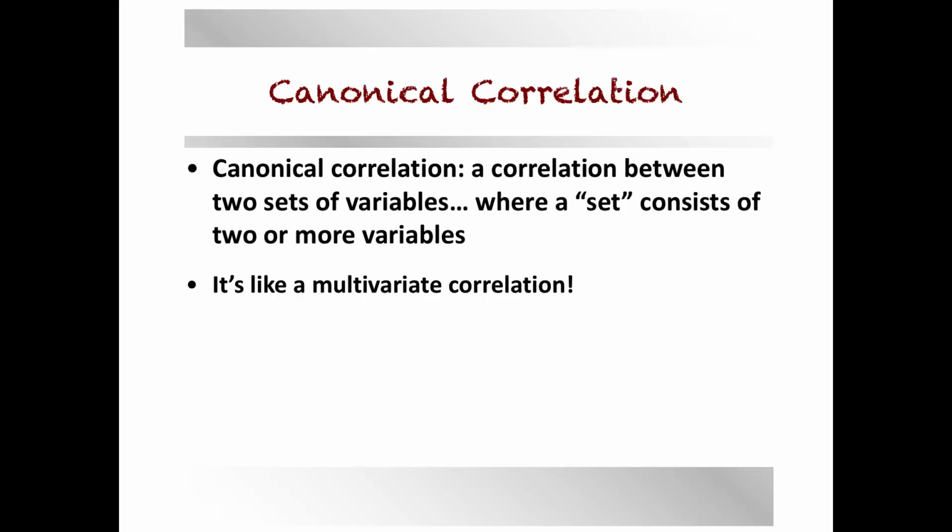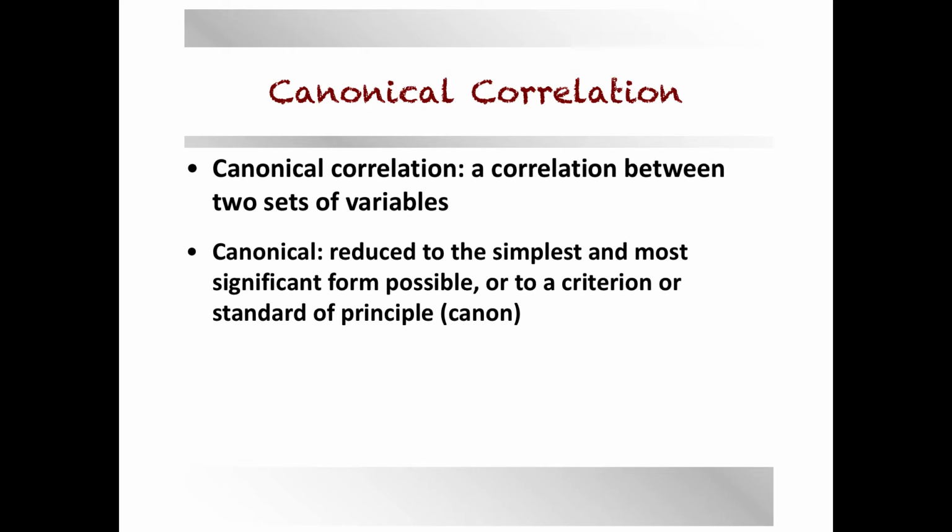Maybe not. Anyway, canonical correlation is just a multivariate correlation, meaning that you have multiple variables on the x side, and multiple variables on the y side. The term canonical is not because of canons in the military sense. It is more a canon that is a standard of principle or a single criteria.